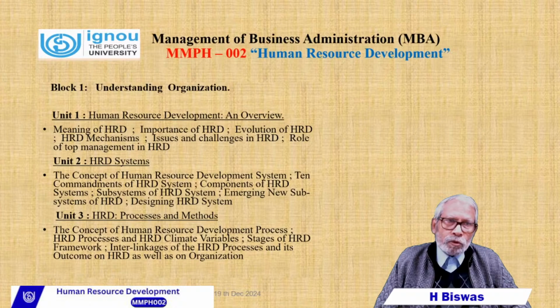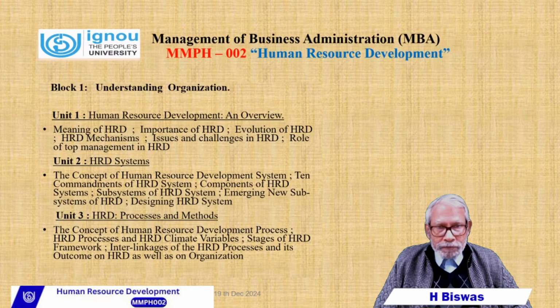Then unit 2, concisely, will be the concept of HRD systems. Now we have to go in depth. What are the concepts? The components of the HRD systems. What are the components to be followed by everybody, all the organizations? Components of the HRD systems and the subsystems of the HRD systems. Emerging new subsystems of the HRD.